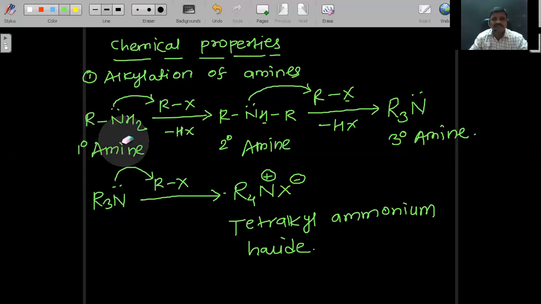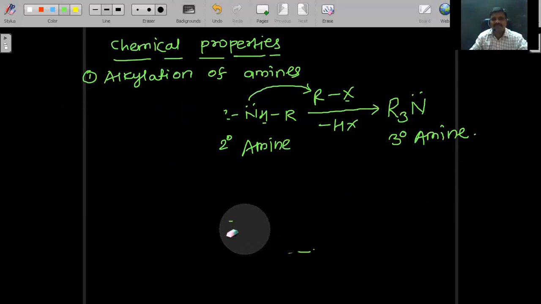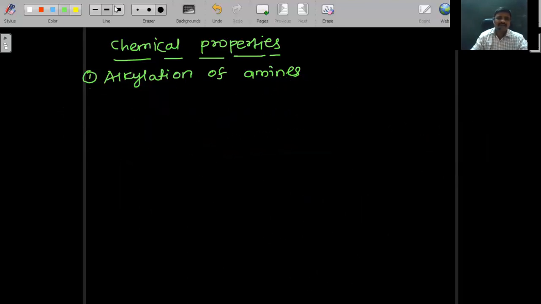In place of R-NH2, we take a simple example such as CH3NH2, and the alkyl halide is CH3I. CH3NH2 means methanamine, and this methanamine is a primary amine.